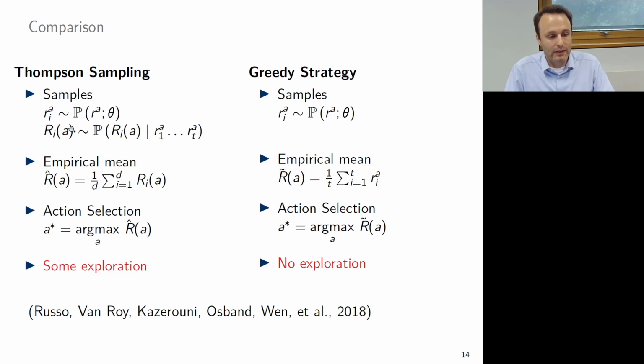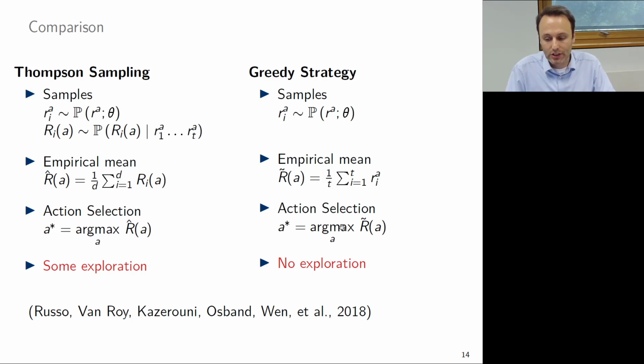It then uses these to form an average of these draws, and the greedy strategy only takes the observed averages over time to form an empirical mean. Then both select an action based on their measure of success. So for greedy strategy, it's just the empirical mean over time. And for Thompson sampling, it's the average of the sampled averages, which is the basis.